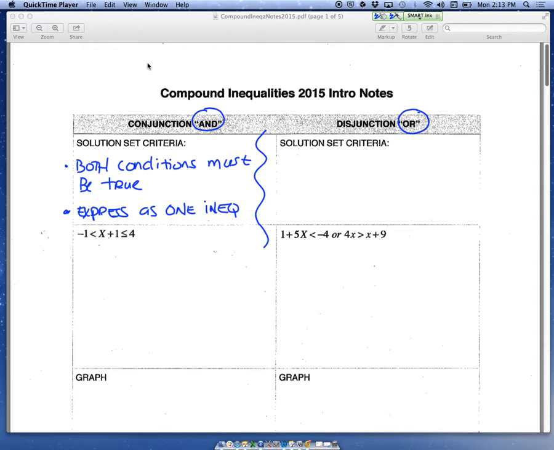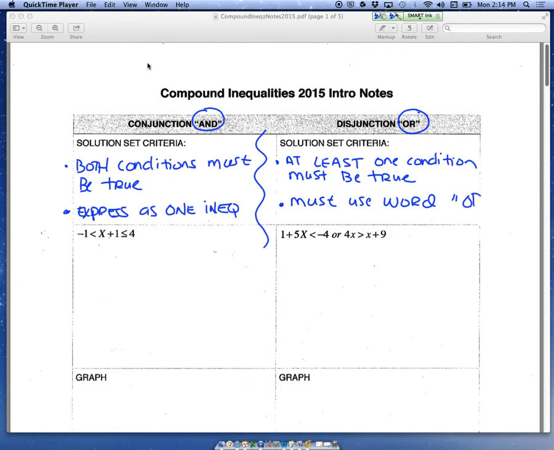A disjunction, on the other hand, the criteria for being in the solution set is at least one condition must be true, and to express a disjunction, you need to use the word "or", whereas with the conjunction, you can write it without the word "and".